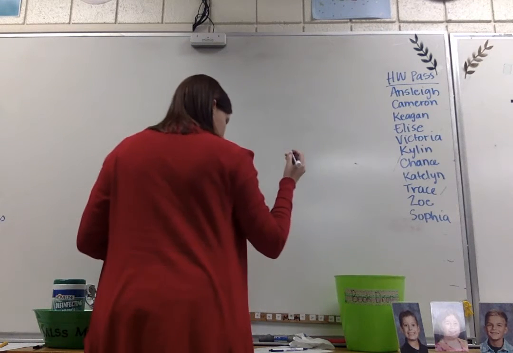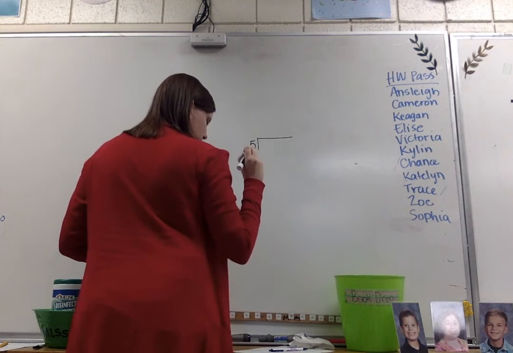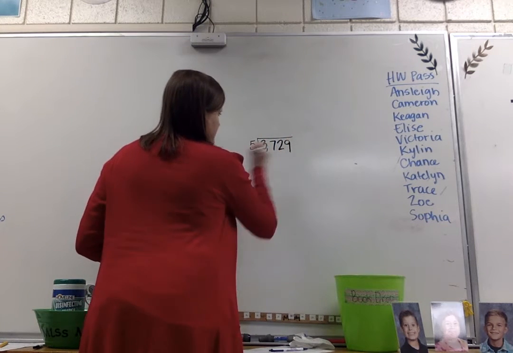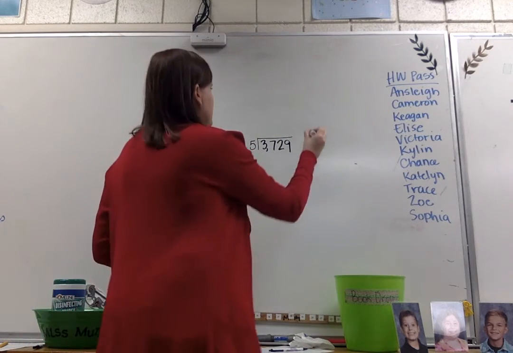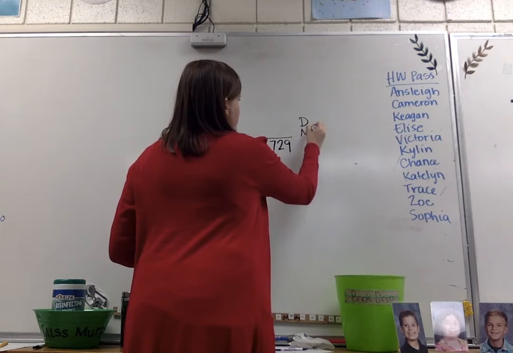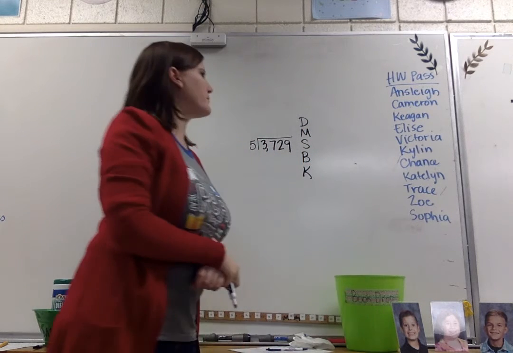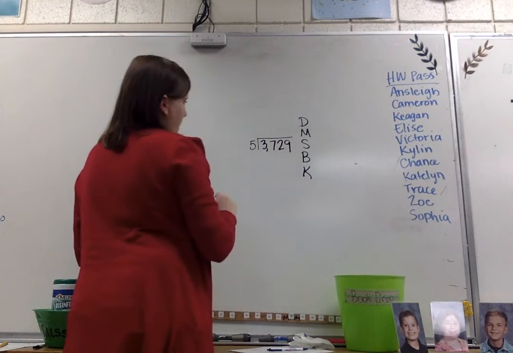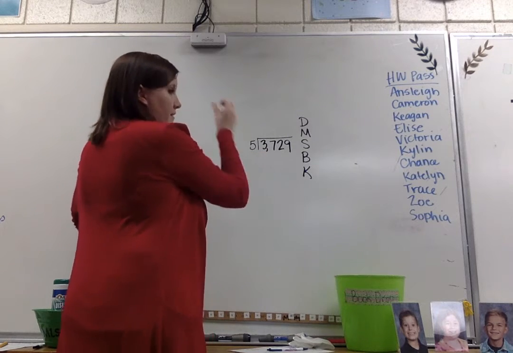All right, find the quotient. We have 5 as our divisor and 3,729 as our dividend. Our division family tells us that we're going to have a dad, mom, sister, brother, and a pet kangaroo to help us remember the steps for division. So first I'm going to divide. So I'm looking to see if 3 can divide by 5.